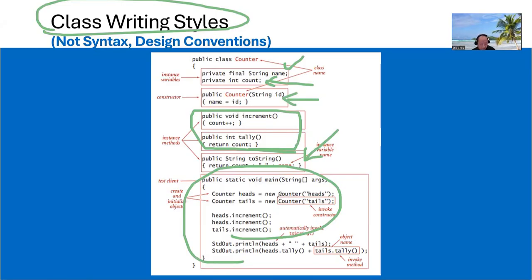It's not a law, so if you don't follow it, you won't create trouble. It still passes the compiler. But usually this is a good design convention. It's not syntax.